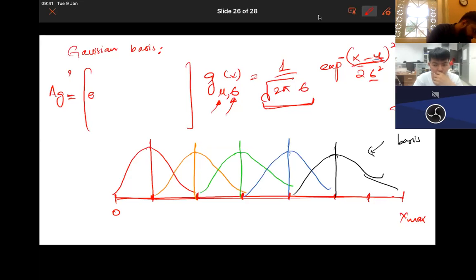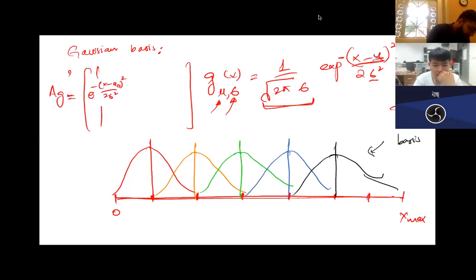We would have exponent of minus (x minus mu 0) whole square divided by 2 sigma square. This is the first base. Exponent of minus (x minus mu 1) whole square divided by 2 sigma square. This is the second base. And this would be (x minus mu m) whole square, the mth base. So you can have Gaussian bases as well.